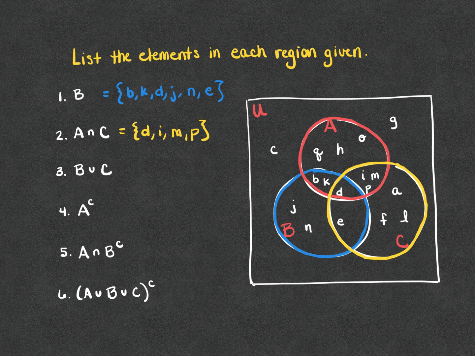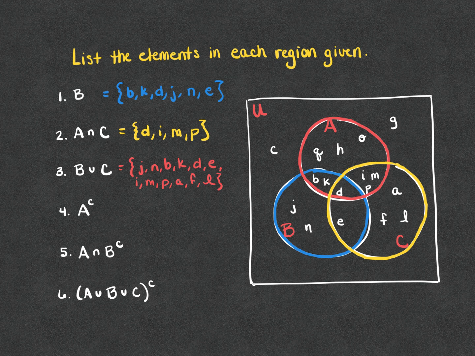This is going to be quite the set when we start listing everything. We would have the J and the N, B, K, D, E, I, M, P, A, F, and L. So again, everything that appears in this entire region.